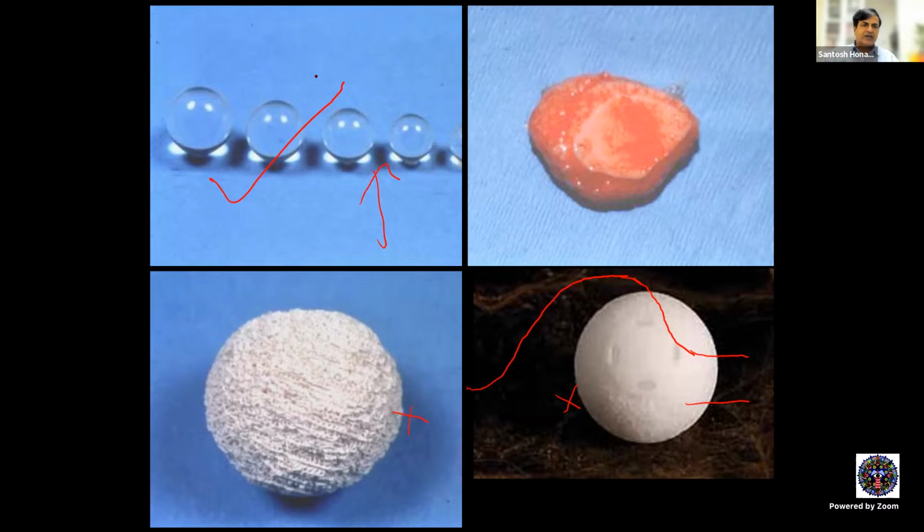So the next thing that will happen is the implant will get exposed or extruded or will become infected. So by doing a silicone or a PMMA implant in a child or an adult with intraocular tumor, you are covering for possible external beam radiation, if not now, even later, right?